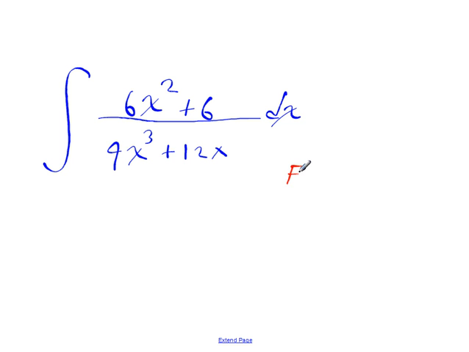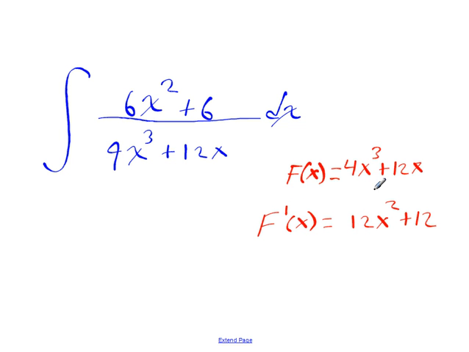All right, so let's look at the bottom. The bottom f of x is 4x cubed plus 12x. So we want to see if this fits into the ln pattern. And the derivative of that is 12x squared plus 12. Well, that's not our numerator.